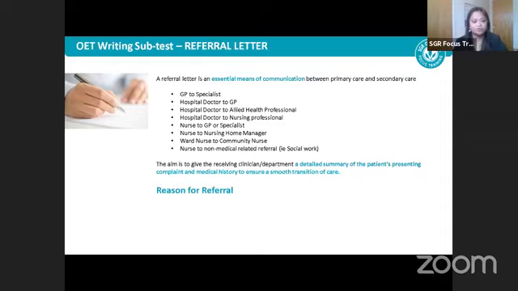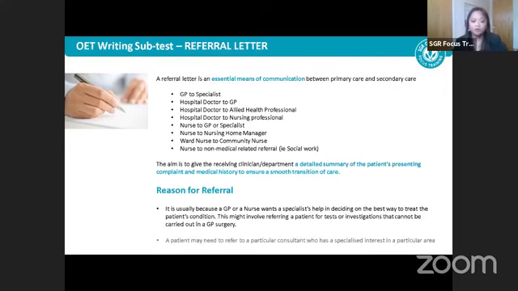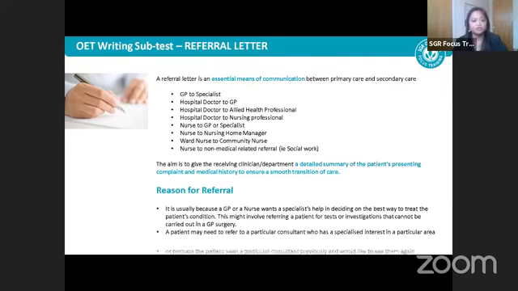So, reason for referral. Usually because a GP or a nurse will need a specialist's help in deciding the best way to treat the patient's condition. This might also involve referring a patient for tests or investigations that cannot be carried out in a GP surgery.